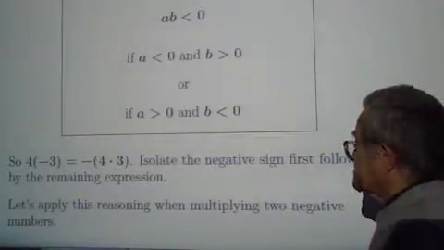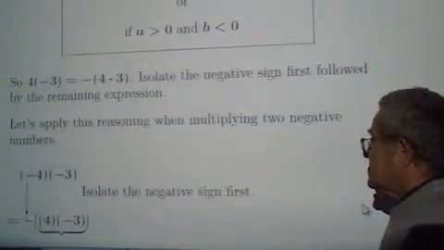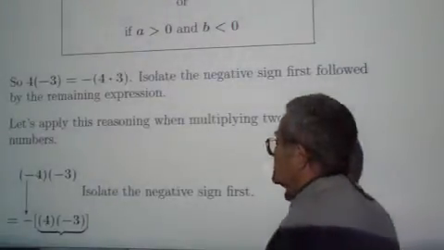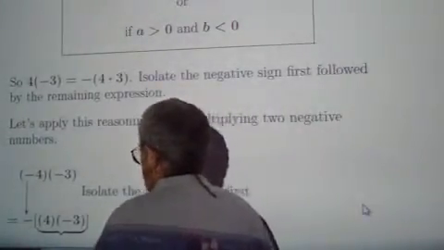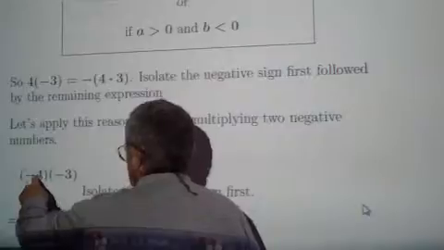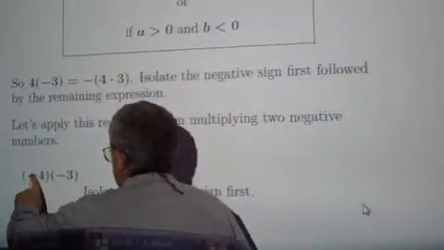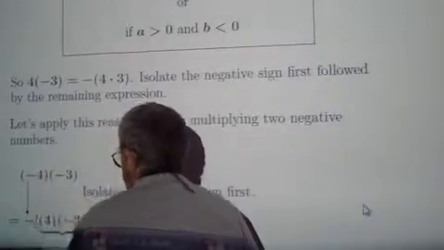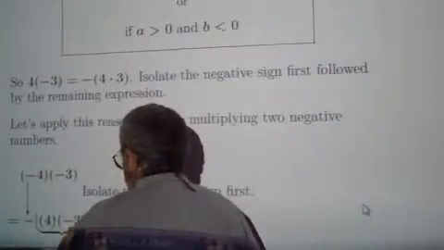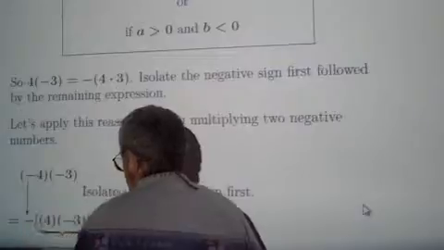Let's apply this reasoning to multiplying two negative numbers. I take the negative sign and write it out by itself, and then copy what is left. What is left is 4 times negative 3, after the negative sign is out.